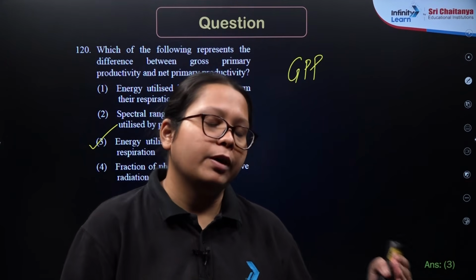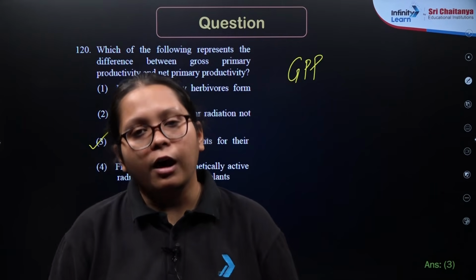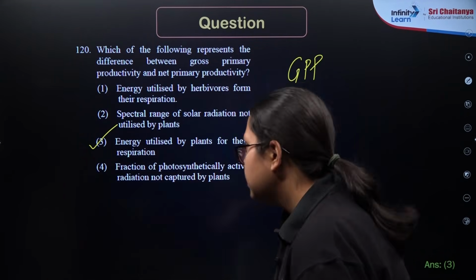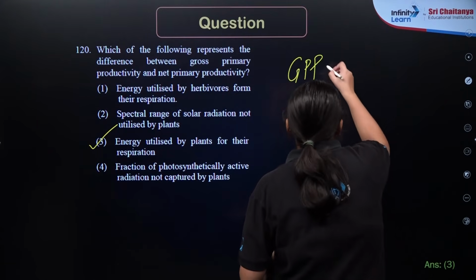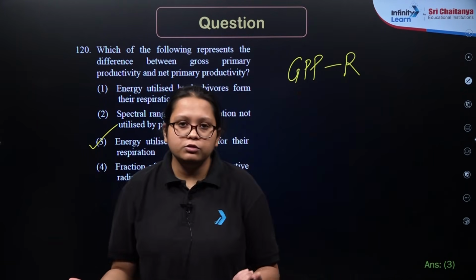That is your gross primary productivity. But not all the biomass which is formed by the plant is available for consumption by the animals or the herbivores. Some of it is even used for respiration by plants, because plants also have to survive, right?